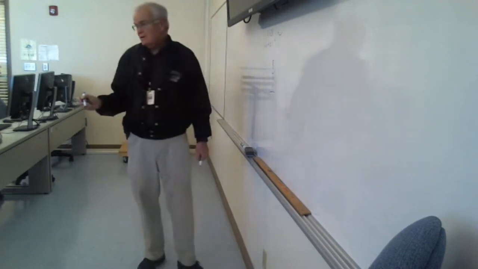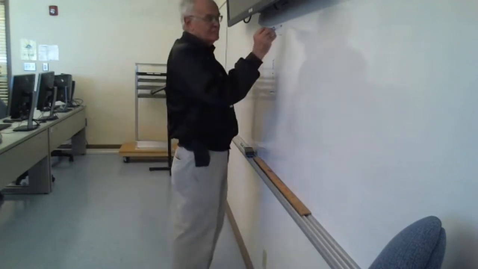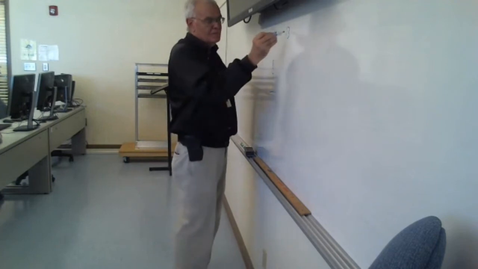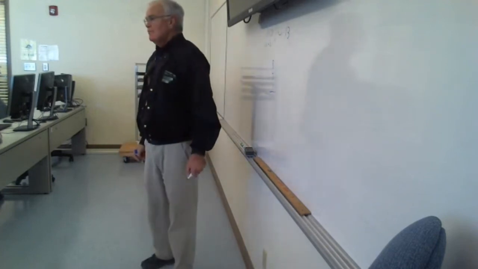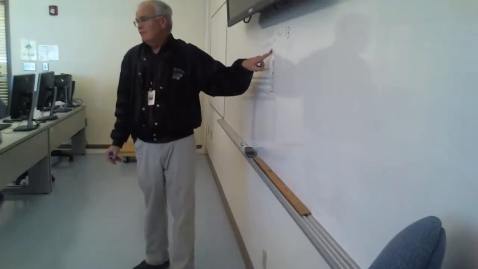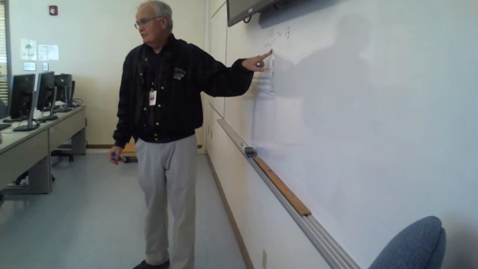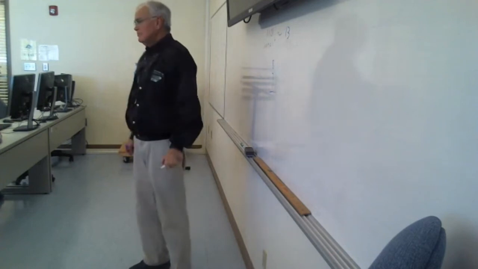We add them up: 8 and 4 is 12, and 1 is 13. Questions on that? If you've got a 1 in the 1s, you're always going to have an odd number when you convert, just as a tip to you. If you've got a 0 there, it's always even.